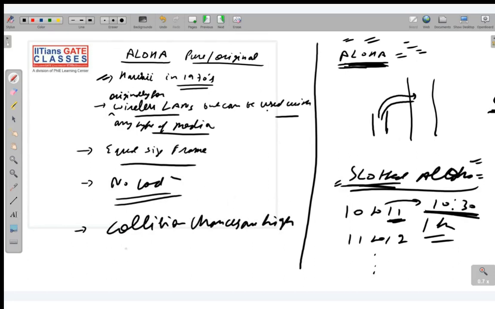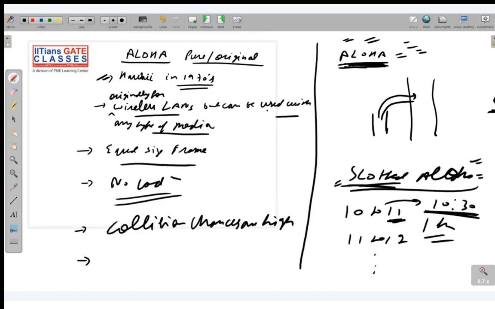Okay, so now since collision chances are high and there is no guarantee whether the frame which has been sent will be received by the receiver or not, the sender will be in a dilemma. I have sent the frame. It may be the case that the receiver has received it properly, or it may be the case that because of collision or something like that it has not been received by the receiver. The sender is in a dilemma.